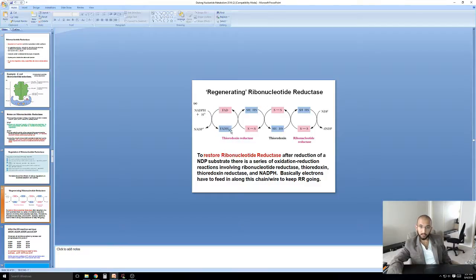Those electrons then go here, so there are 2 electrons here, and that breaks the disulfide bridge, and we get SH, and then that goes from thioredoxin reductase to thioredoxin. So the electrons have gone from here to here to here to here. Now the electrons are here, and they go to ribonucleotide reductase. Then we feed the electrons onto the NDP by some organic chemistry type mechanism, and we get dNDP.